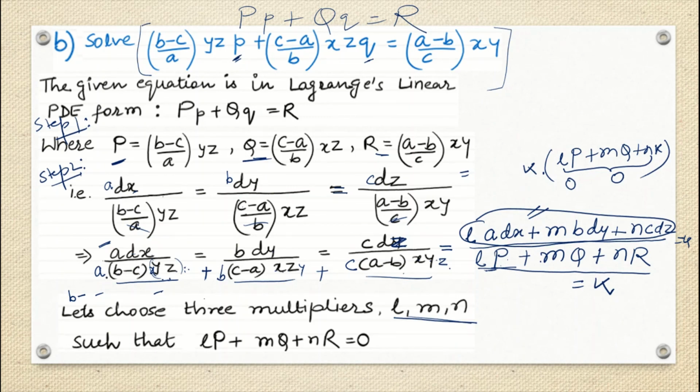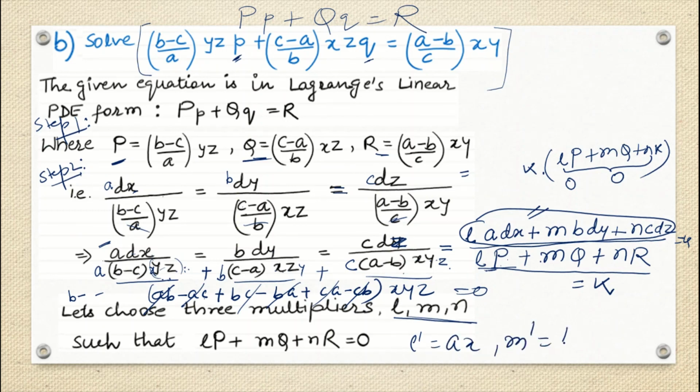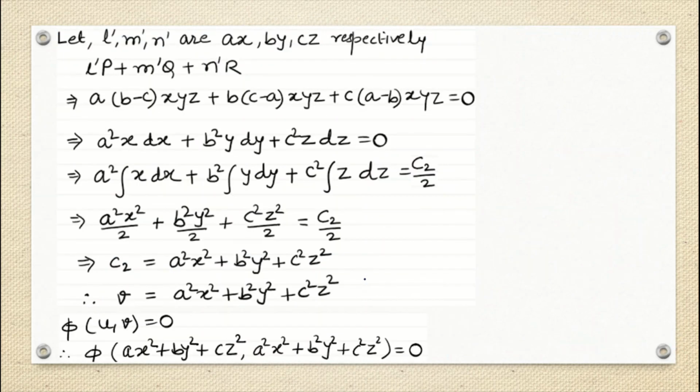That means I'm writing here AB minus AC plus BC minus BA plus CA minus CB, taking XYZ common, because X, Y and Z are multiplied here. So AB minus BA minus AC plus CA plus BC minus CB. Still you will get 0. Fine? So that means here your L dash is AX, your M dash is BY, and your N dash is CZ. That is what we are writing down here.